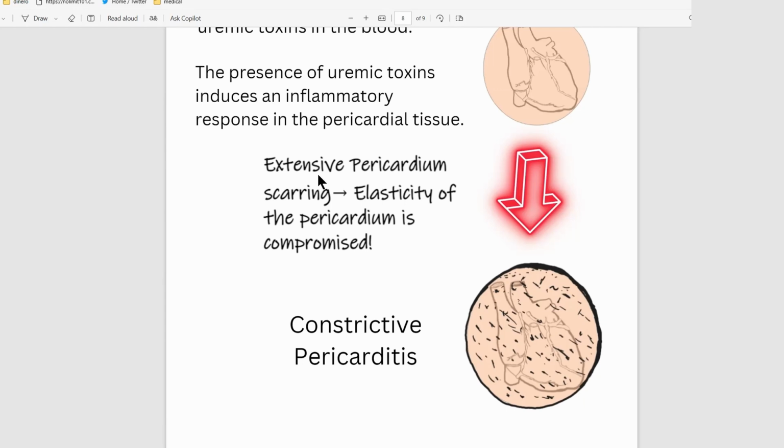Okay, so keep that in mind. It's best to learn medicine that way, to know your essentials and then just go with that. So this is a good example here. Pericarditis can either become cardiac tamponade or it can go the fibrotic route and become constrictive pericarditis, where the elasticity is gone. That expansion, that elasticity, it compromises.